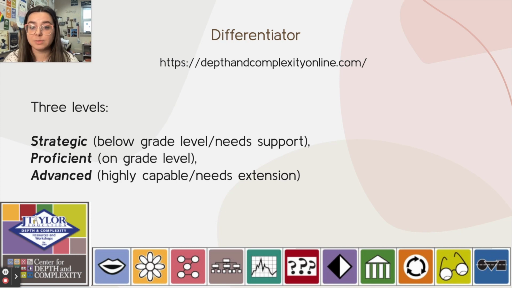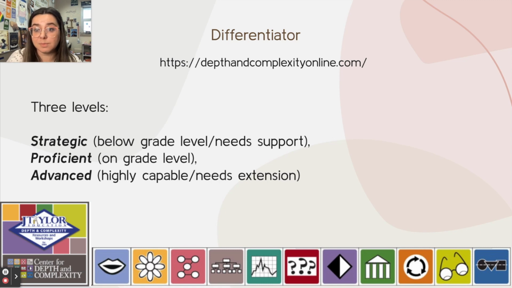Maybe you have some students with IEPs or 504s. Maybe you have students that are at the mid-level or LC level of special education. Strategic would be the student needs support.